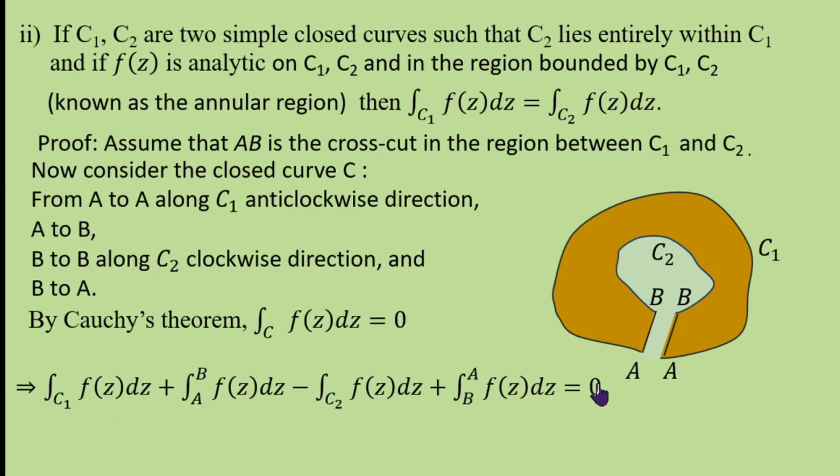So this becomes 0. And we know that the integral from A to B is nothing but minus the integral from B to A, and hence these two cancel. The remaining terms are the integral over C1 of f of z dz minus the integral over C2 of f of z dz equal to 0, and hence the integral over C1 of f of z dz is equal to the integral over C2 of f of z dz. I hope you got the idea.